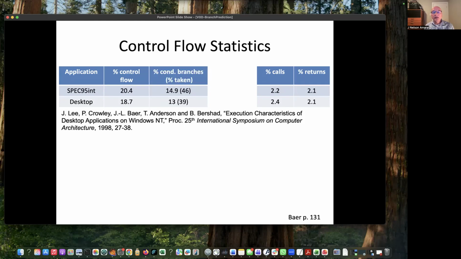The percentage of conditional branches is between 13 and 15%, with between 40 and 46% of these branches being taken. And the percentage of unconditional branches is about 1%, with more than 70% for desktop instructions, more than 90% of these branches being direct.